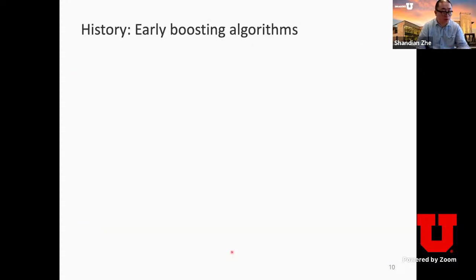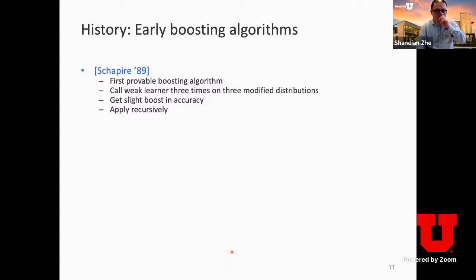So here I just want to share with you a brief history about the development of the boosting algorithm. In 1989, Robert Schapire was the pioneer of the invention of boosting algorithms.